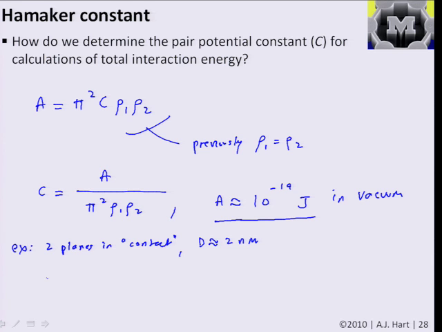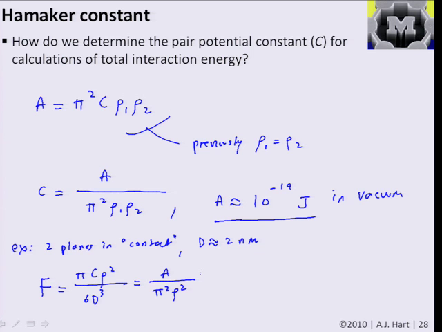And if we solve then for the force between the two, we have pi C ρ squared divided by 6d cubed, which now if we substitute for A, we would have C equal to A divided by pi squared, and now we're doing ρ squared because ρ1 and ρ2 are equal.